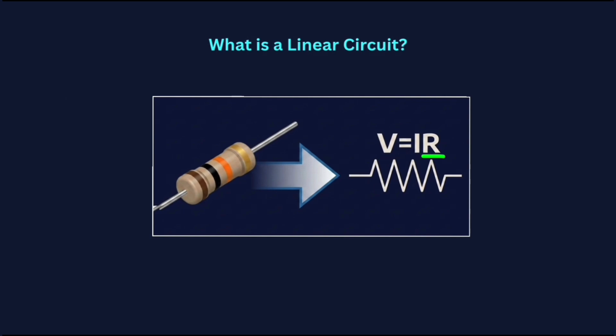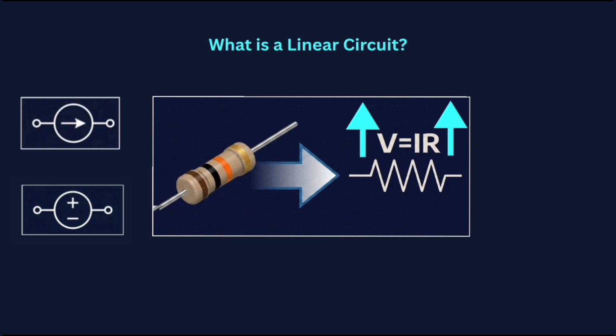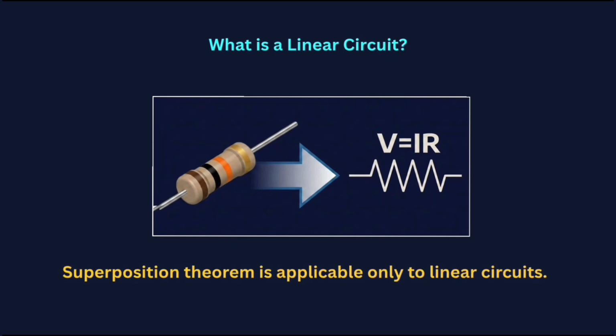For a fixed resistance, if the voltage doubles, the current also doubles. This linear relationship allows us to separate the effects of different sources and add them. So remember, superposition theorem is applicable to linear circuits.